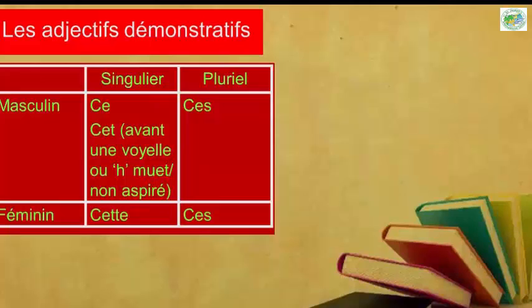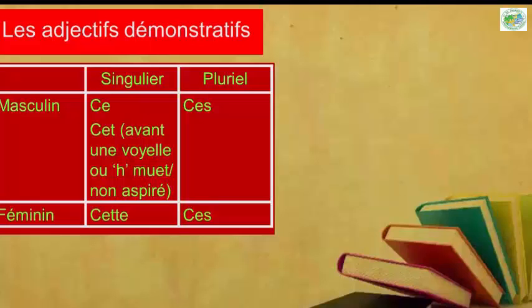Now let's move on to the last kind of article, les adjectifs ou bien les articles démonstratifs. This or these in English. You want to mention something. Ce, cette, ces. Three words, very important. Avec S, it means these.